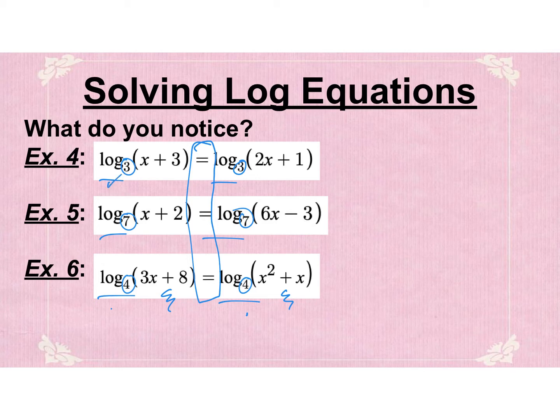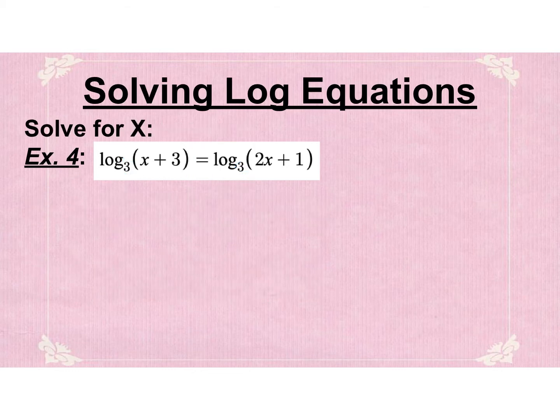So if the log is the same and the base is the same, then the parentheses have to be the same. So here, we're not dropping log, we're not canceling log, we're just saying the parentheses have to be the same, so let's set them equal to each other. That's how we're going to solve it when you have the same log base on both sides: you're going to set the parentheses equal to each other.